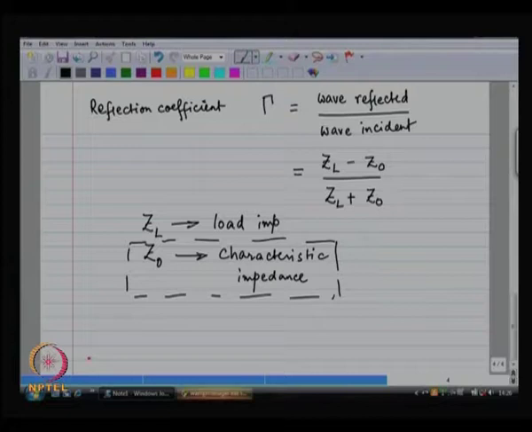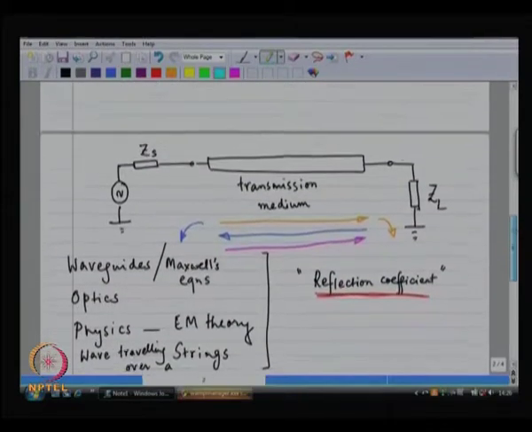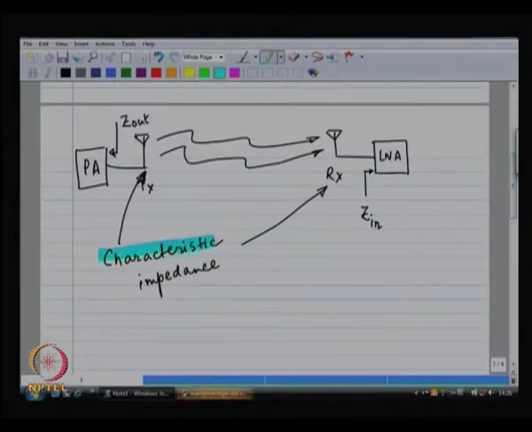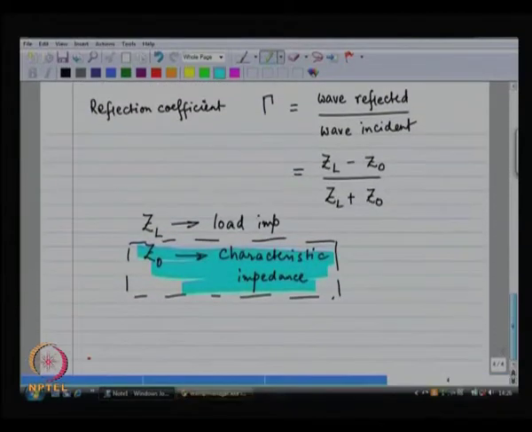Okay. So, this word came up earlier. Every transmission medium has a characteristic impedance, whether it is a wire, whether it is the atmosphere, whether it is an optic fiber, whatever it is, it has a characteristic impedance as long as it is transmitting an electromagnetic wave.